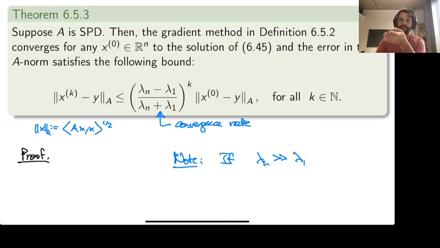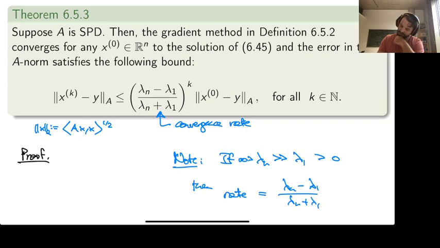So if the largest eigenvalue of the matrix A is much larger than the smallest eigenvalue, remember they're all bigger than 0, then this rate, which is lambda_n minus lambda_1 divided by lambda_n plus lambda_1, is very close to 1. Okay, so if I subtract a very small number from lambda_n and add a very small number to lambda_n, then the numerator and denominator will be very close, and so the convergence rate will be very poor.